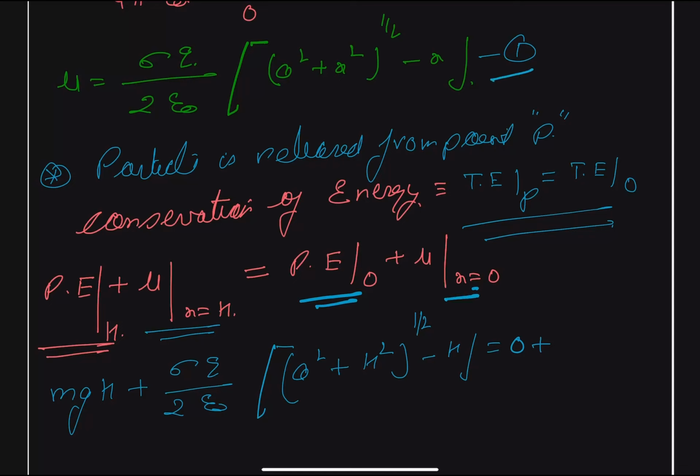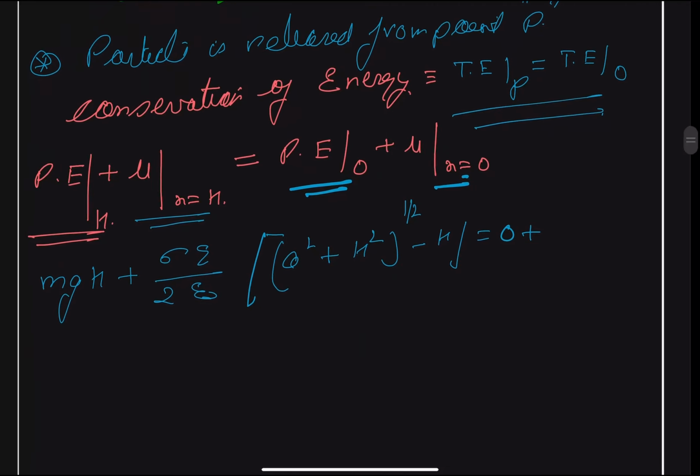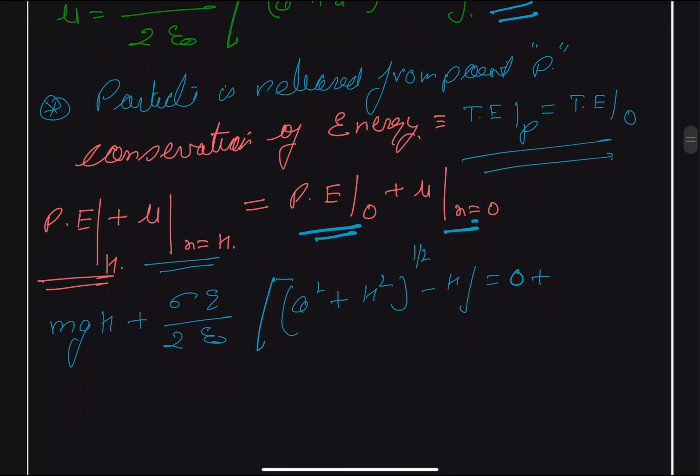So once again in equation 1 we put x is equal to 0. We get sigma q upon 2 epsilon naught, and this comes as (a square plus 0) to the power 1 by 2 minus 0.